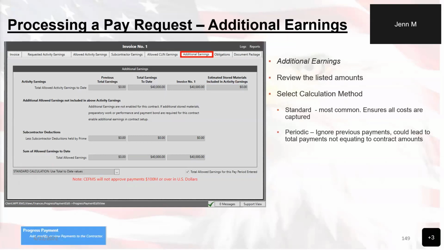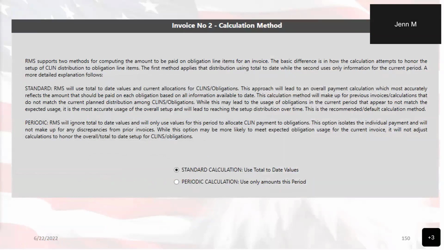Instances that might require you to use periodic calculations are if RMS is putting the amounts into the wrong obligations, because the RMS CLINs could possibly be tied to a modification that is tied against the CFM's line item. So if the obligations don't distribute correctly on the obligations tab, then the periodic calculations may be the viable option for you. Again, reference your district policy for this.